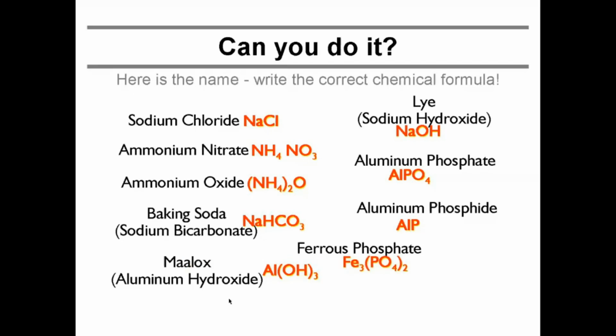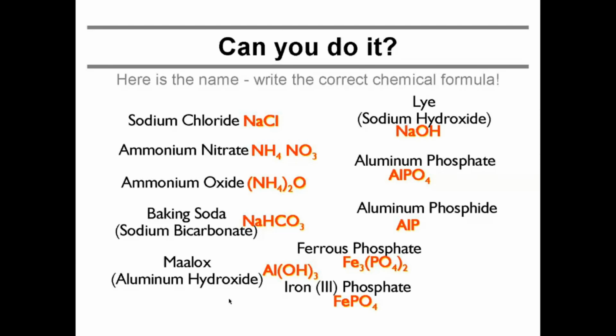Oh my goodness, it would be Fe3(PO4)2. That would be ferrous phosphate. If I do iron(III) phosphate, that would be Fe with a charge of 3+, and PO4 has a -3. You just push them together and you get FePO4 in this case.